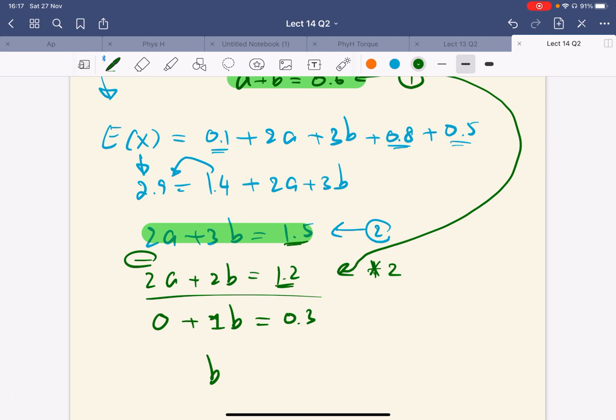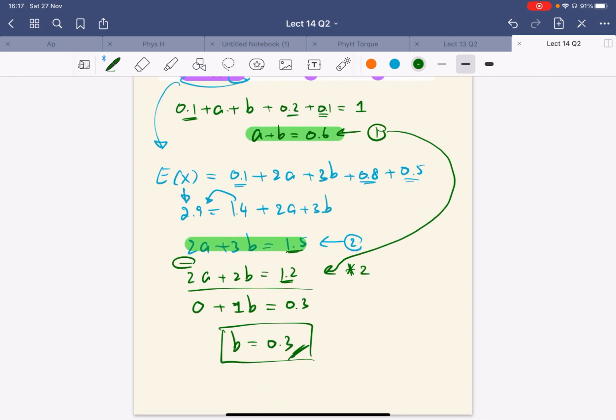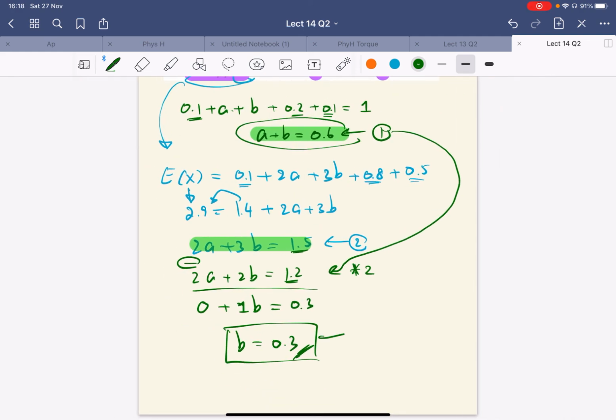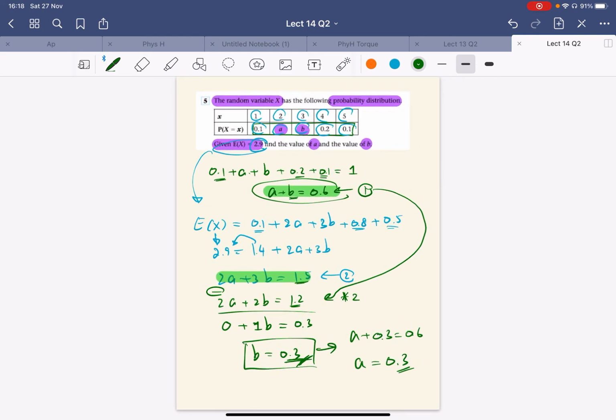So b is equal to 0.3. This is my answer for b. How about a? You can now find a. So a plus b, which is 0.3, so a is 0.3. Done. That was easy.